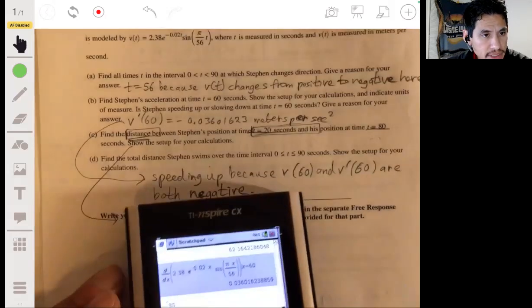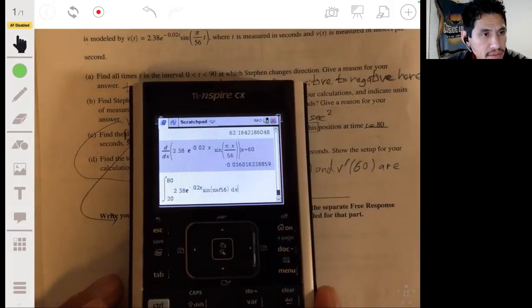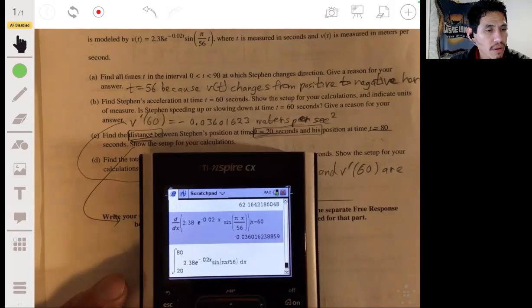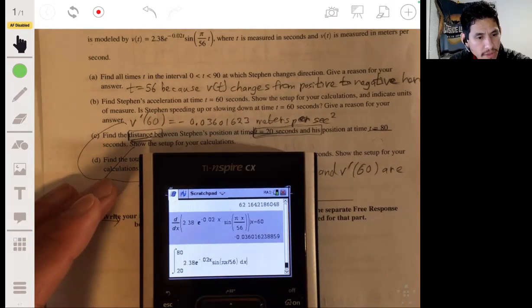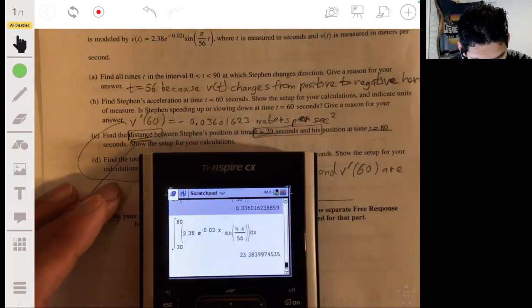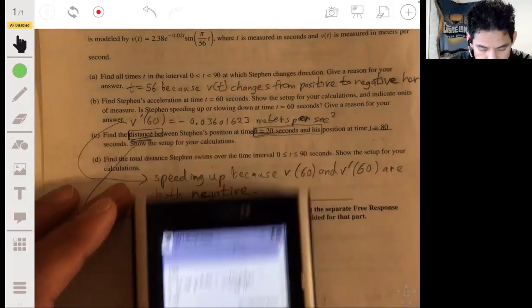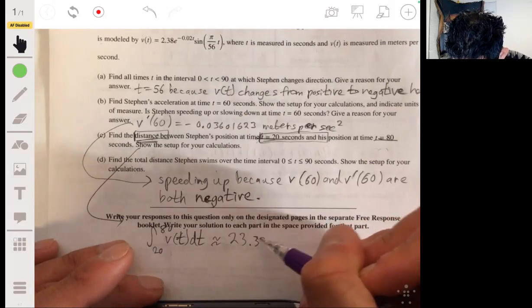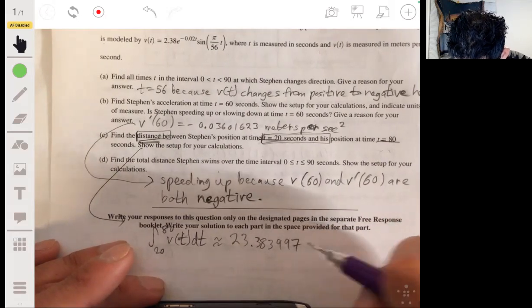Let me make sure I didn't mess up. Okay, let's go. Bang, about 23.383997 meters.